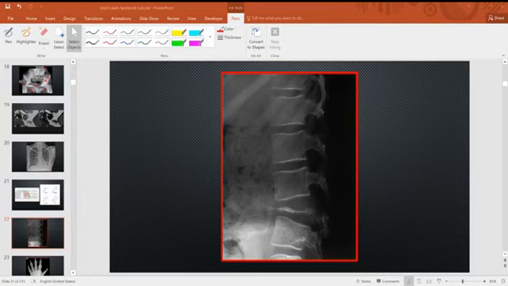What is the diagnosis? It is vertebra plana. Very good. Vertebra plana. Very good.